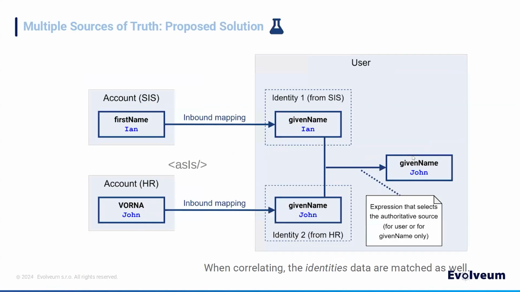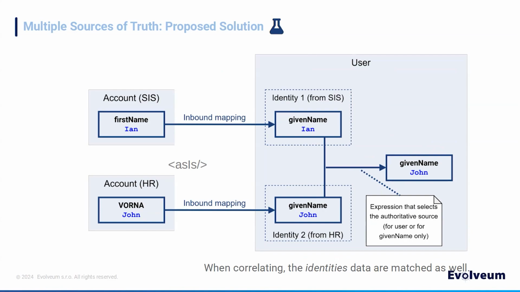However, after you mark the given name property here as multi-source, a rather interesting mechanism gets into play transparently in the background. With no change in the mappings, the values would be stored not into the user's given name directly, but to the hidden identities container instead.